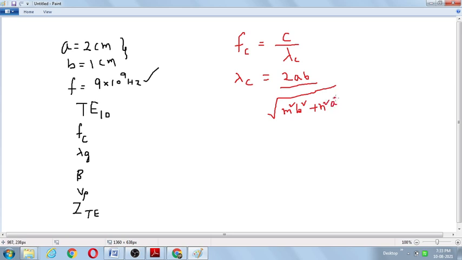This is the formula for cutoff wavelength. So it is operated in dominant mode. Dominant mode of the rectangular waveguide is TE10.